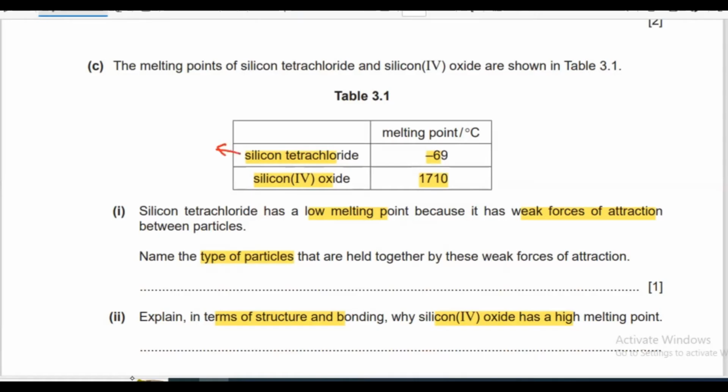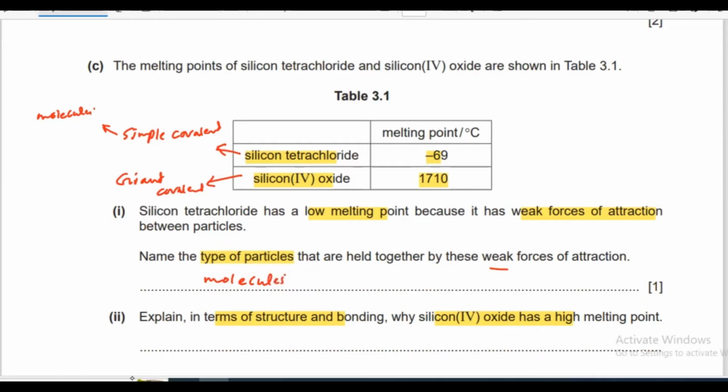Silicon tetrachloride is a simple covalent structure, and silicon dioxide is a giant covalent structure. So simple covalent structures are bonded by weak intermolecular forces. So the type of particles that are held together by the weak forces of attraction, or weak intermolecular forces, are molecules.